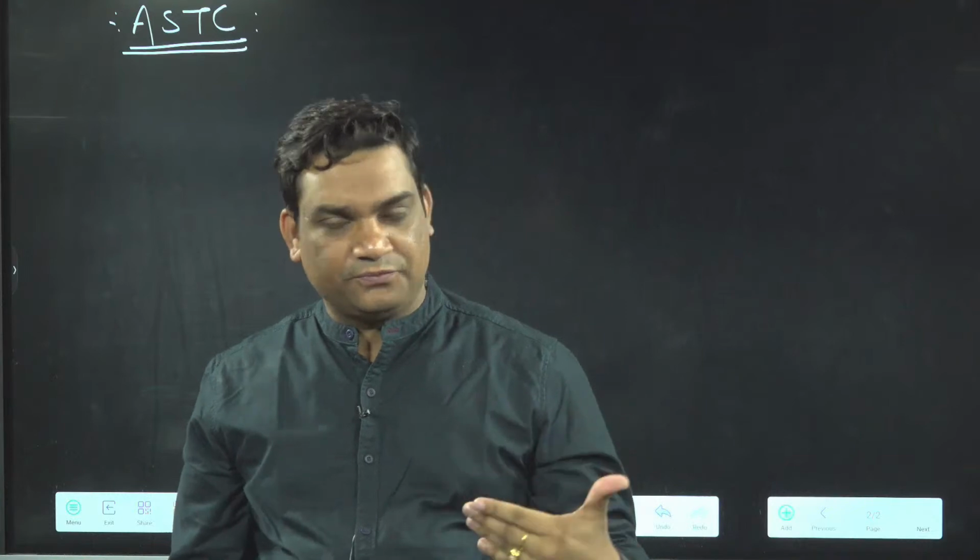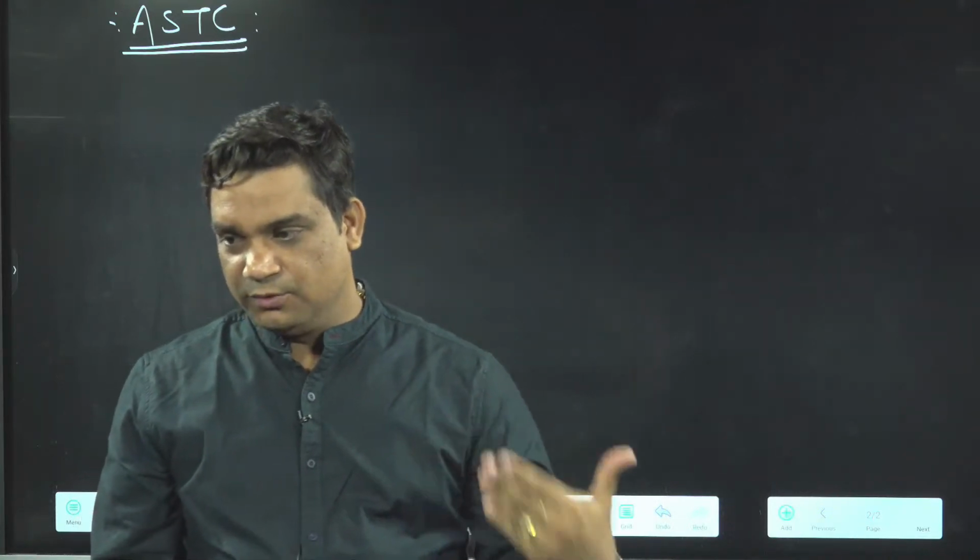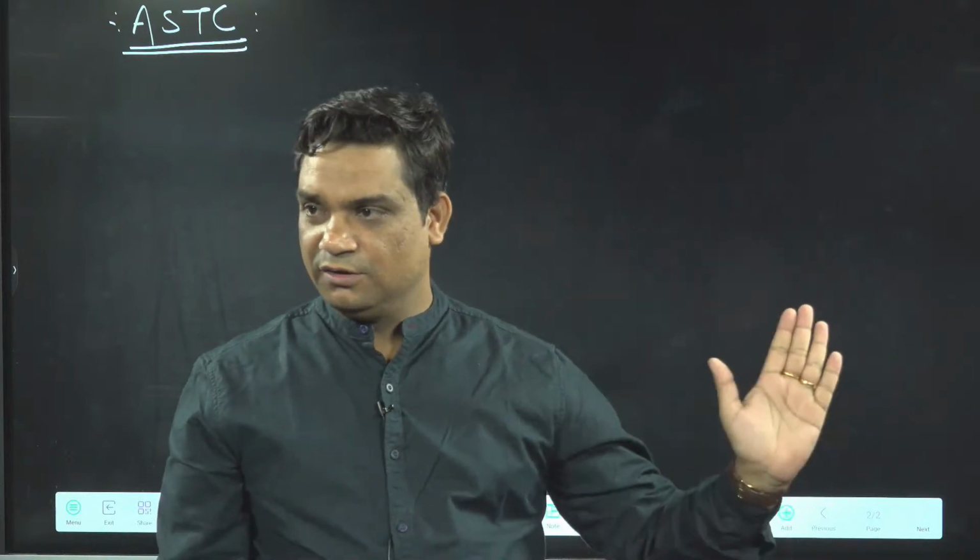How many of you are not perfect, meaning you don't have confidence or you don't know? Then only we'll decide how much time we have to give. How many people don't know about ASTC? A lot of people are saying they don't know.